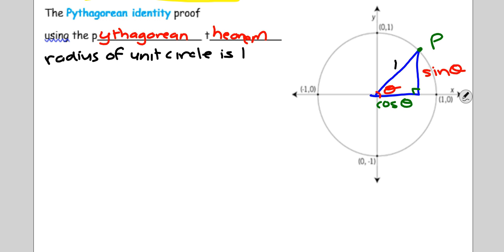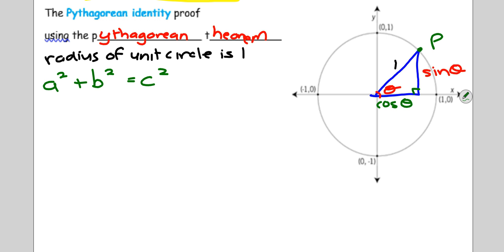Okay, Owen, what is the Pythagorean theorem again? A squared plus B squared equals C squared. Good.